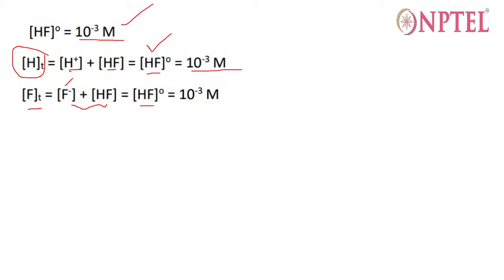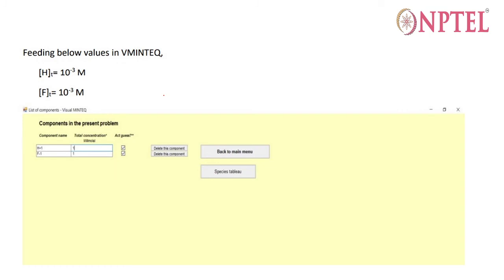As there was no fluoride ion present before in that water, whatever fluoride forms we are getting come from that only, whatever forms it may be in. So this is nothing but equal to 10 to the power minus 3 molar. So I'm getting two equations here, right?